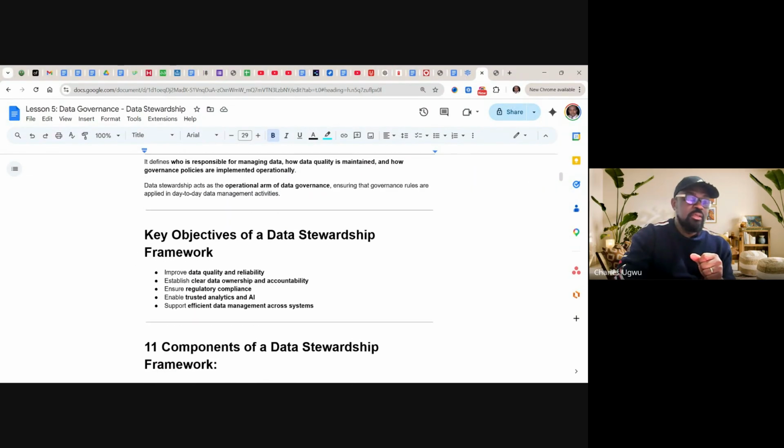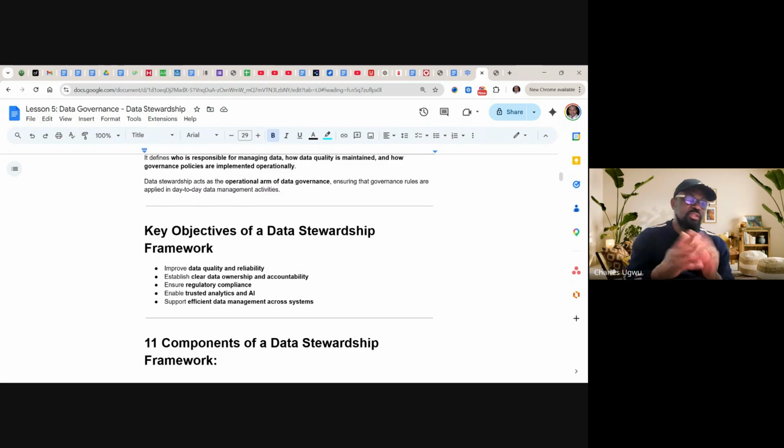And the key objectives of this framework are to improve data quality and reliability, establish clear data ownership and accountability, ensure regulatory compliance, enable trusted analytics and AI, and support efficient data use across systems.